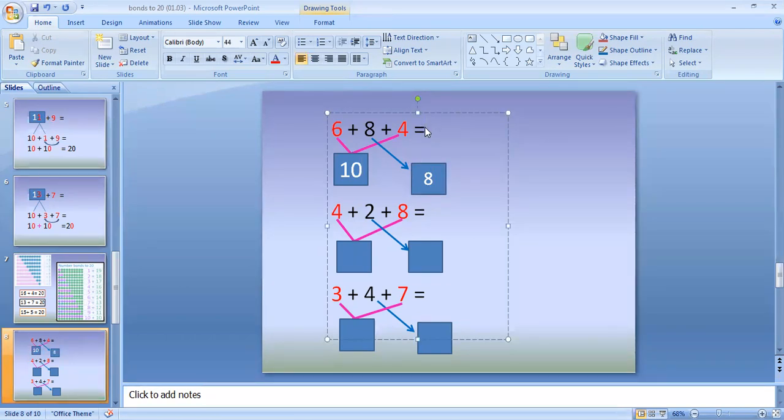We have 10 and we should add 8 more. 10, 11, 12, 13, 14, 15, 16, 17, 18. Here I have folded 8 fingers and I count from 10. I have 8. From 10 we'll count, right? 11, 12, 13, 14, 15, 16, 17, 18. The answer is 18.